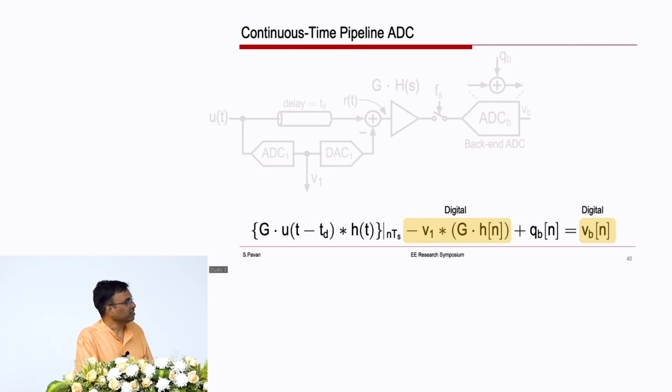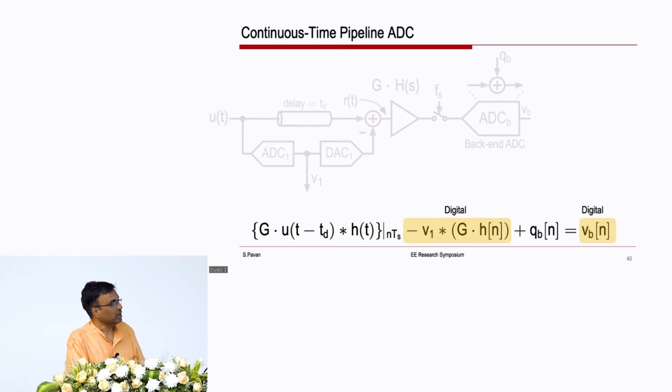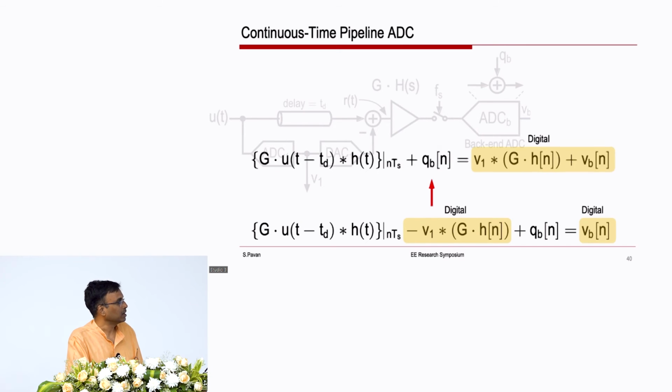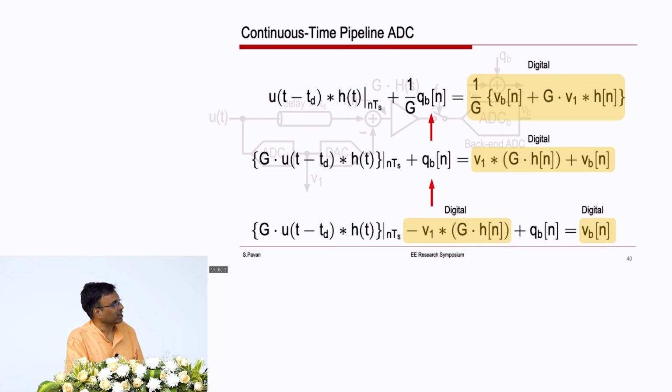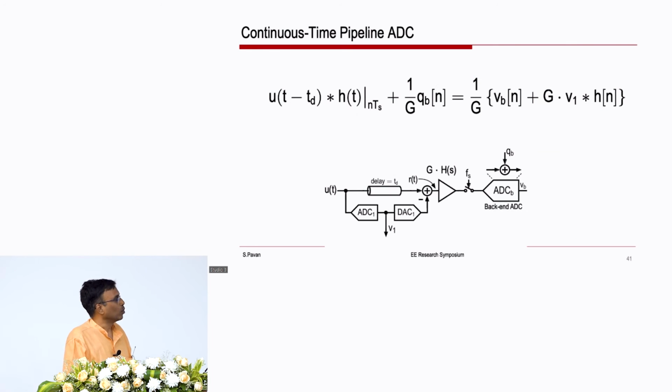Now, this is a digital signal, this is a digital filter, so this is a digital quantity. Likewise, the back-end ADC's output is also a digital quantity, and you can work through the equations, and basically, you finally end up with this. I'll give you the intuition going forward, but this is the filtered input and sampled.